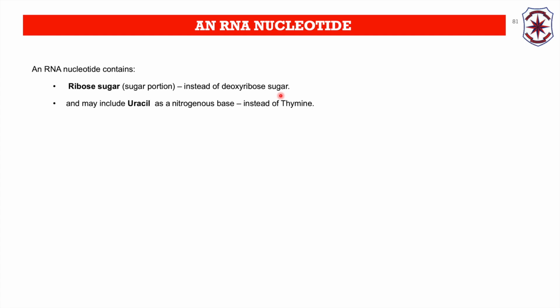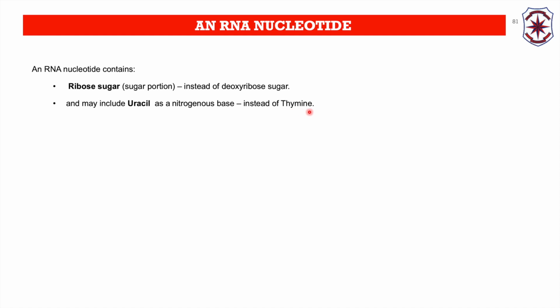The other thing that differs in a RNA nucleotide is the fact that uracil is a nitrogenous base that is exclusively found on RNA and RNA only. Remember, the opposite of this is thymine. Thymine is found on a DNA nucleotide and a DNA nucleotide only.